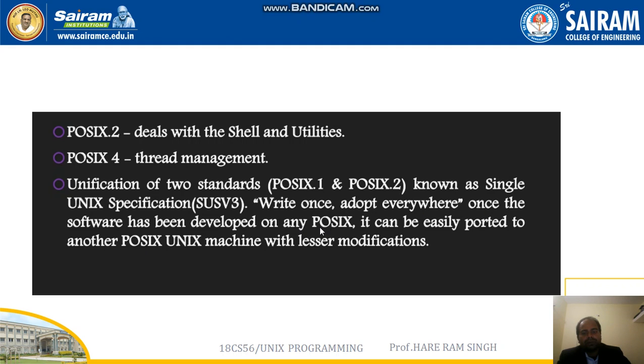Those applications which follow the single Unix specification can be written on any Unix operating system version like Fedora, Red Hat, Solaris, and all these, and can be run on any other version of the Unix operating system.